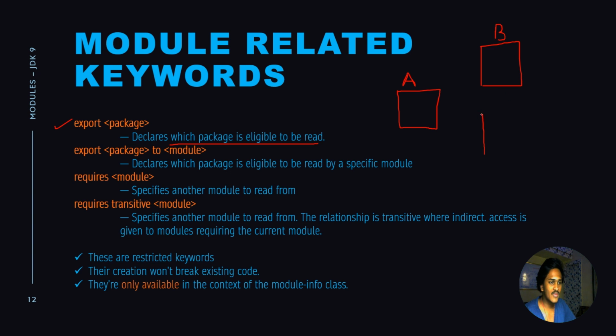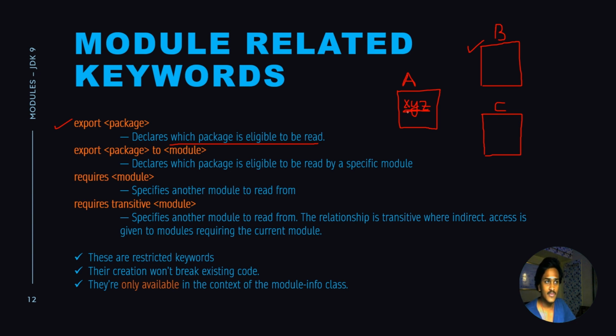So we have a package in module A, let's say XYZ package. Basically, we want this XYZ package to be present and usable in module B as well. So what we do is we first export this package from module A. We declare that we want to export the package XYZ to all the other modules.